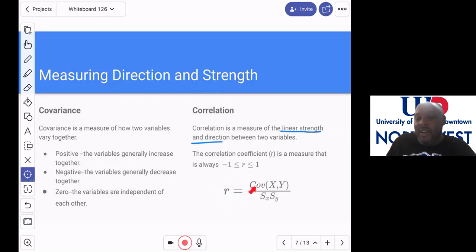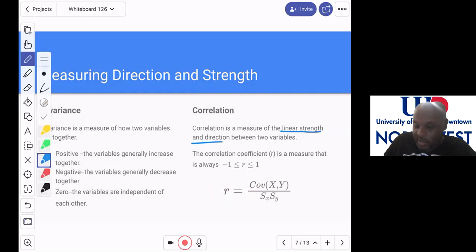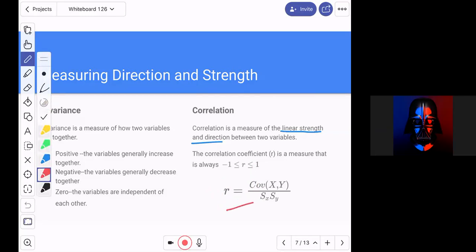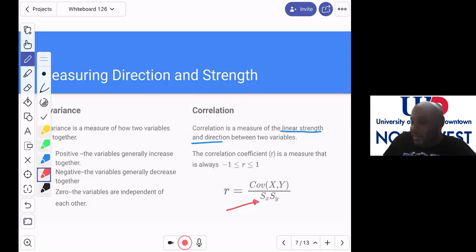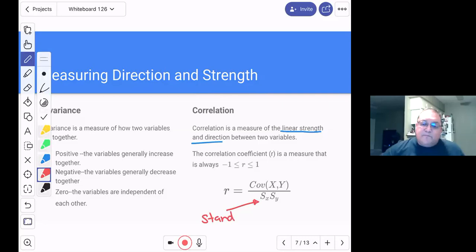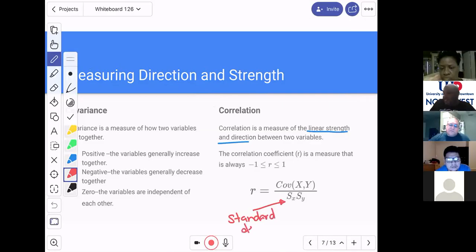It's found by taking the covariance and dividing it by S of X. Can y'all remind me what that stands for? What does S of X stand for? Standard deviation. I heard standard deviation.